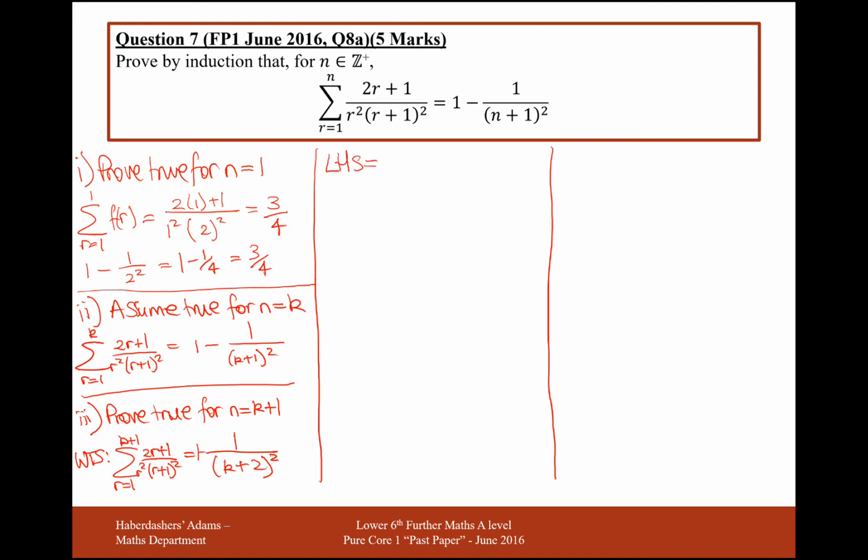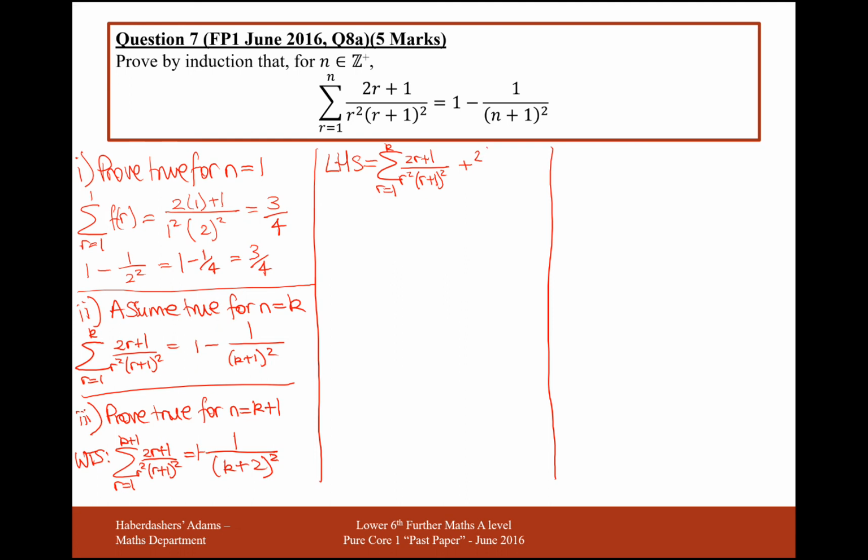and this is going to equal the sum from 1 up to k of 2r plus 1 over r squared (r plus 1) squared. So we've added up all the expressions up to k, but we forgot about the k plus 1 bit, so I'll include that now.